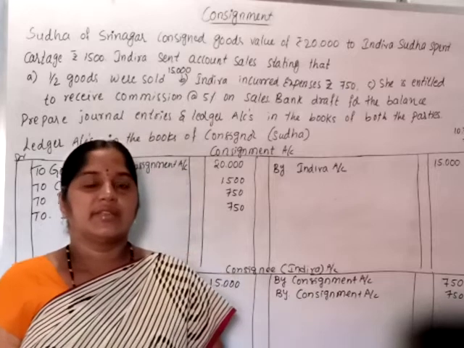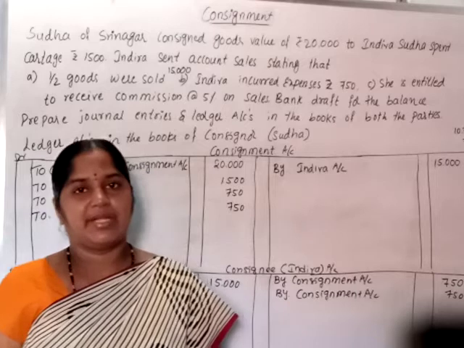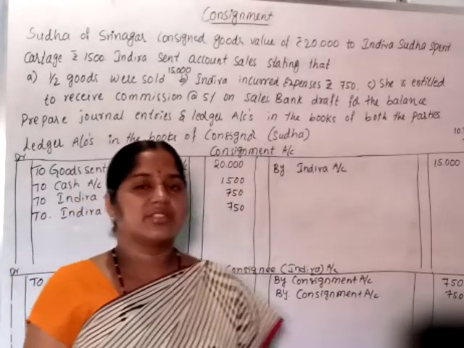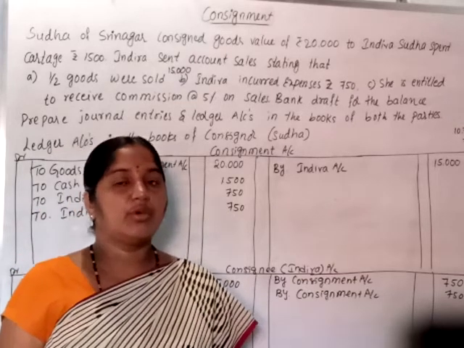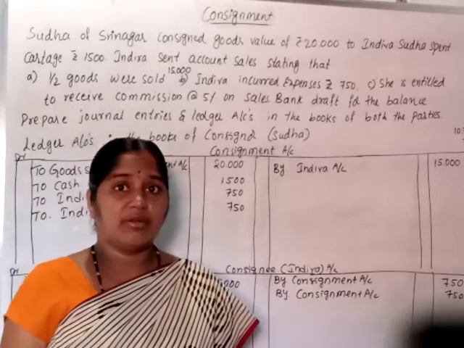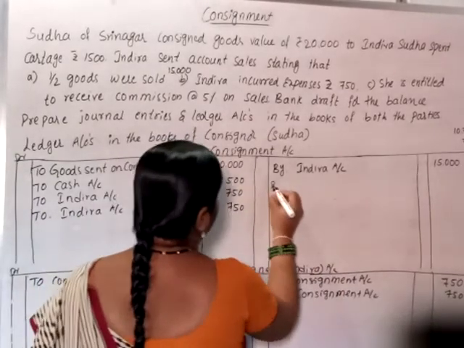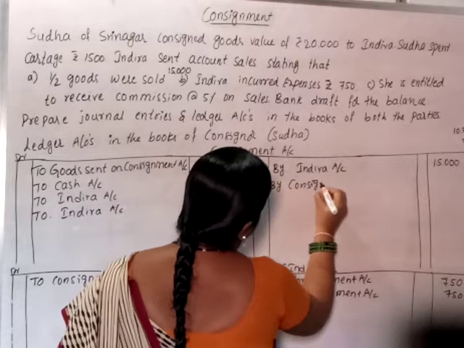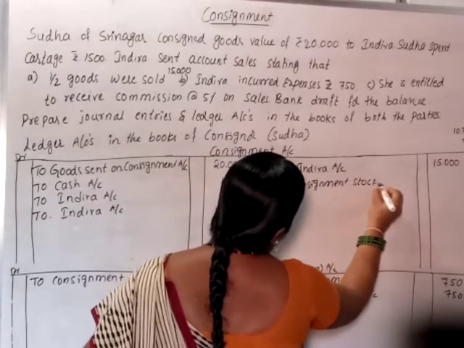Consignment stock account debit to consignment account means it is affected to the consignment account only. So, see the journal entry once again. Consignment stock account debit to consignment account. So, consignment account we credited, no? That's why credit side of the consignment account it is affected. Write as consignment stock account.